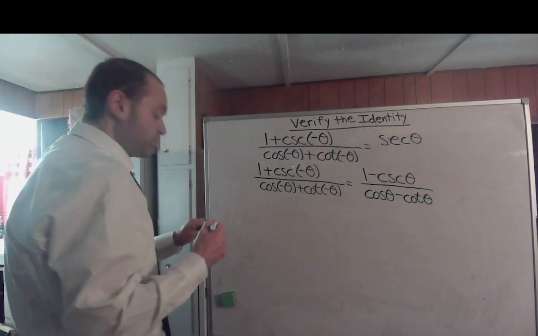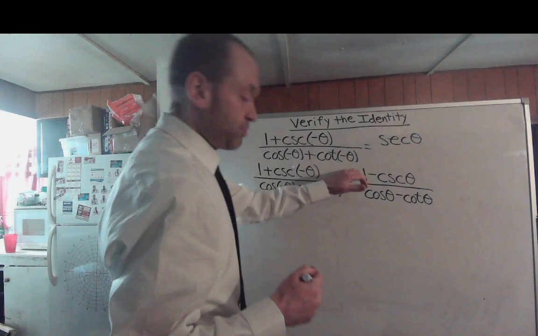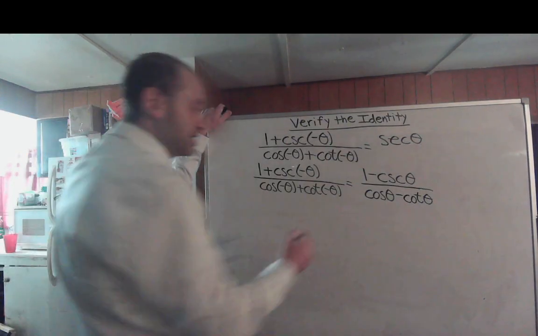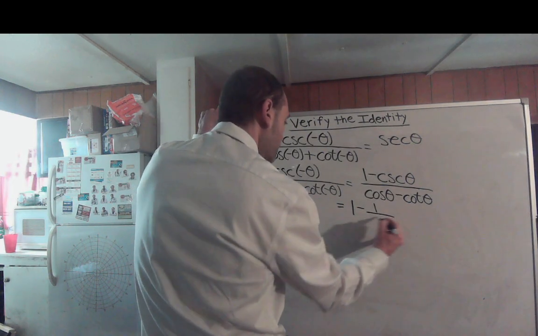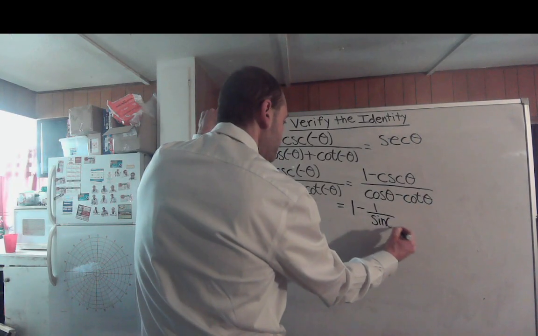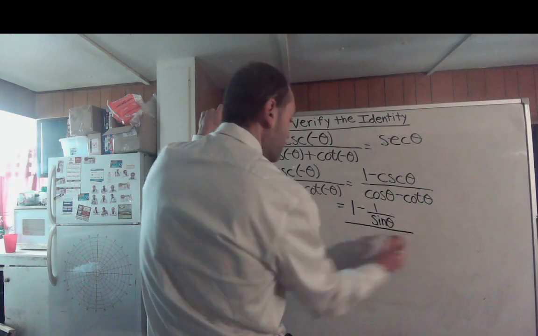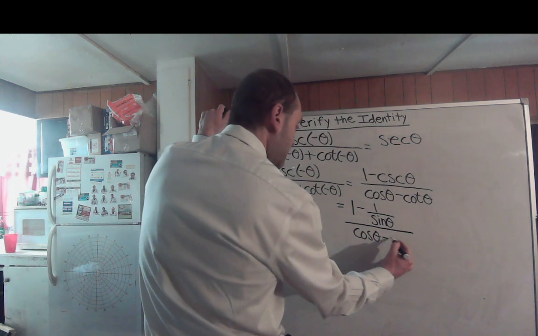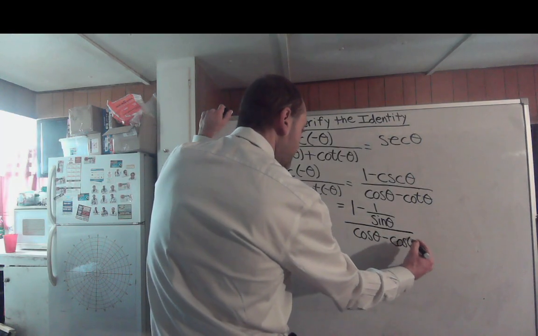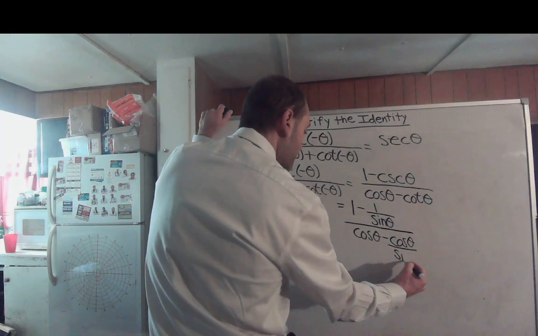All right, so next we need to do some reciprocal identities in the numerator and denominator. So this would turn into 1 minus 1 over the sine of theta all over the cosine of theta minus the cosine of theta all over the sine of theta.